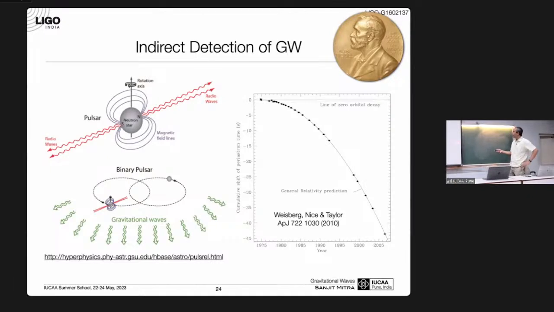When two neutron stars go around each other, like we discussed yesterday, they will emit gravitational waves. As a result, they will lose some energy, which will make them come a bit closer. Now, what actually happens is that the orbital shrink is very small, but that affects the perihelion, basically.